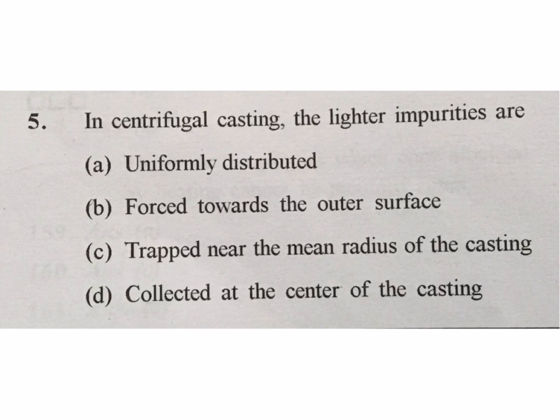Next question, in centrifugal casting the lighter impurities are at center. So we have to check from the options. Uniformly distributed, no. Forced towards the outer surface, no. Trapped near the mean radius of casting, collected at center of casting.